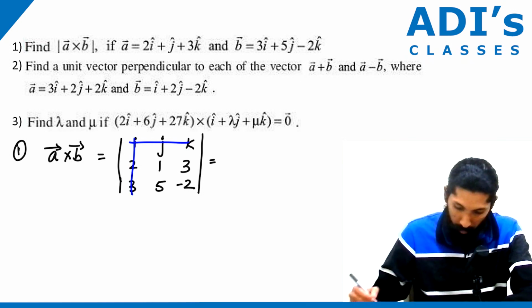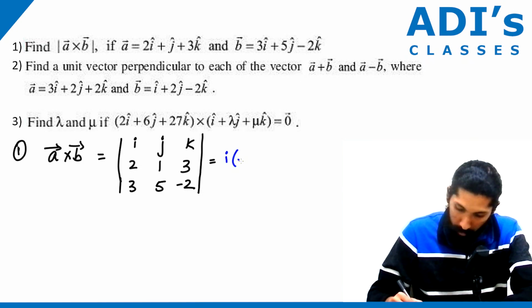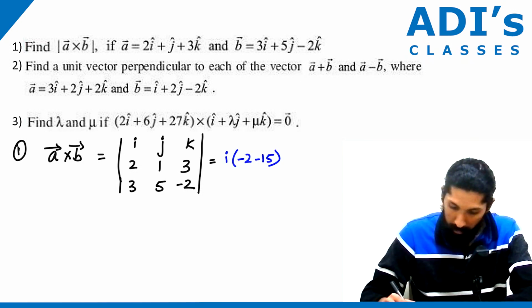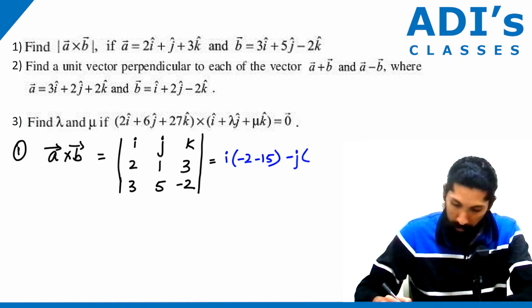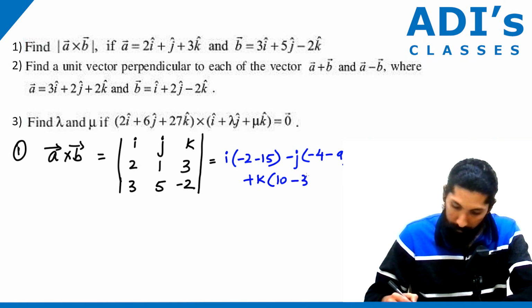You'll get minus 2, minus 15. So we have I into minus 2, minus 15. Next, minus J into minus 4, minus 9, plus K into 10, minus 3.